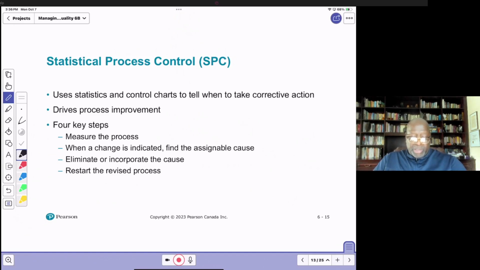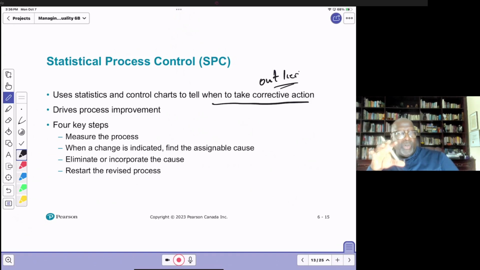Okay, so using statistics and control charts to tell you when to take corrective action. And the time to take corrective action is when you observe an outlier, because that is out of control. Essentially, the control charts really help you to do a hypothesis test based on inspection. Once you set the 3 sigma control limits, anything that falls outside of that is essentially in the rejection region for a hypothesis test.